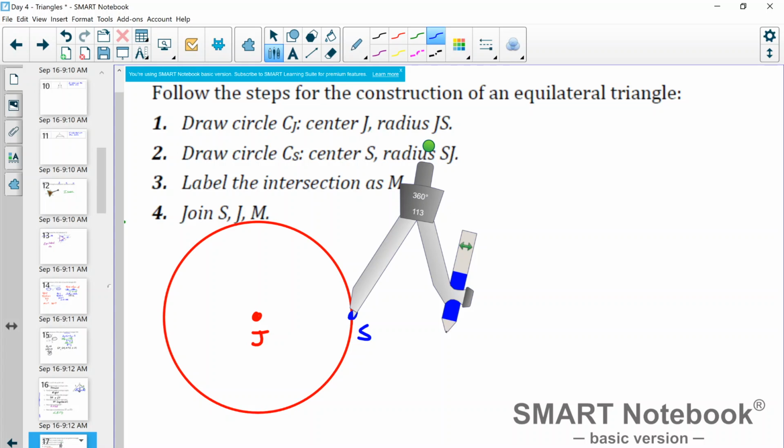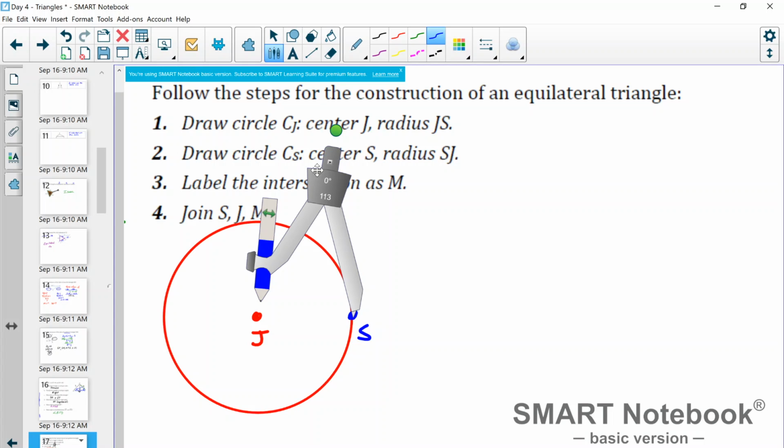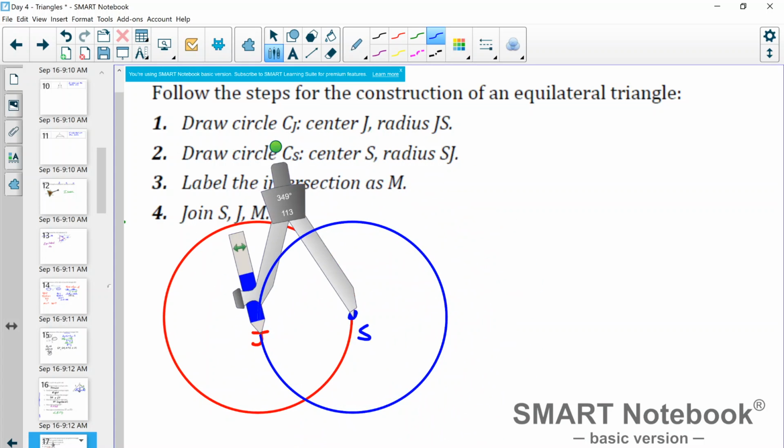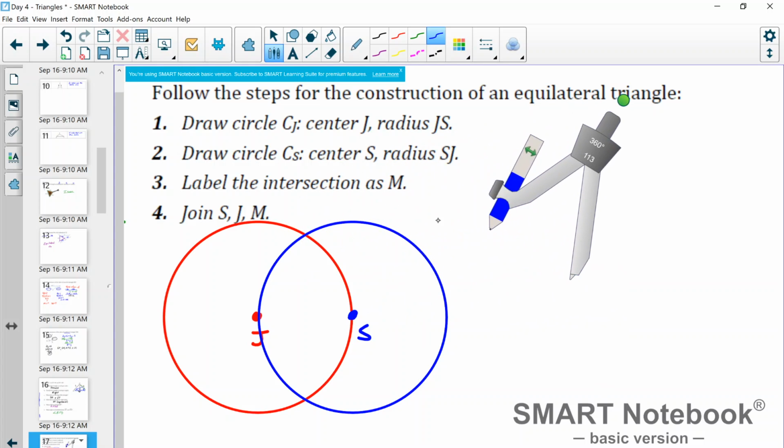So notice that the circle around S went through point J as well. What I now have is 2 points of intersection, where I could pick one of the points. I'll pick the top point, and we're going to label this as M.